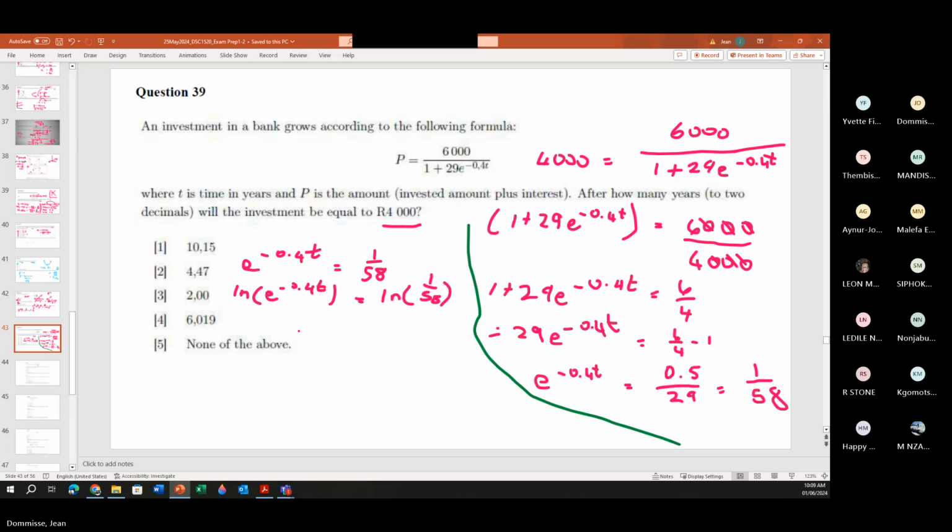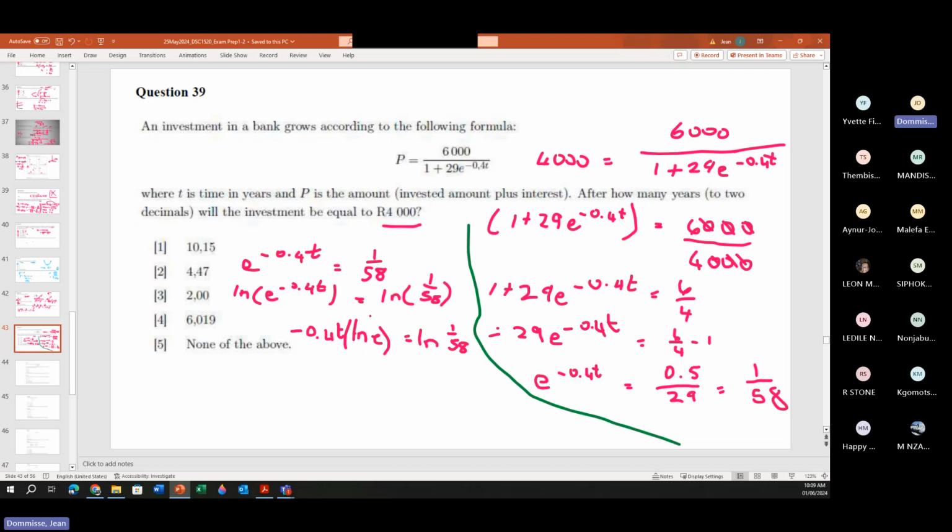Okay. When we take the log, on the left-hand side, because there's that e, we can say 0.4t times log of e, and on the other side we keep log of 1/58.